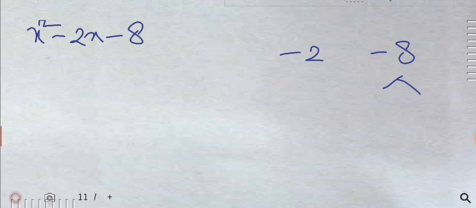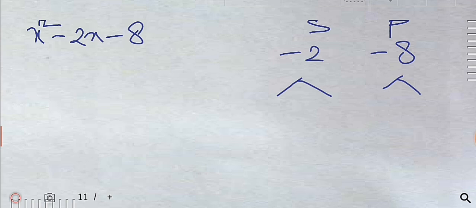This is product and this is sum. So take two numbers. When you multiply those two numbers, the product should be minus 8, and if you add the same numbers, the answer should be minus 2.